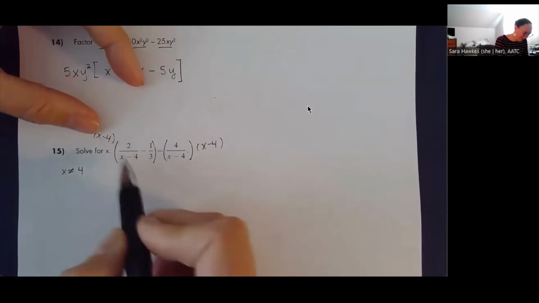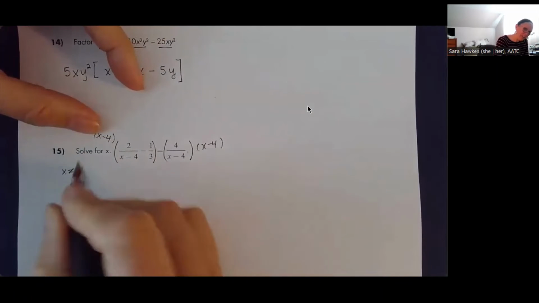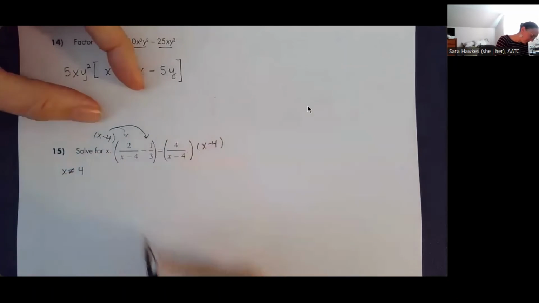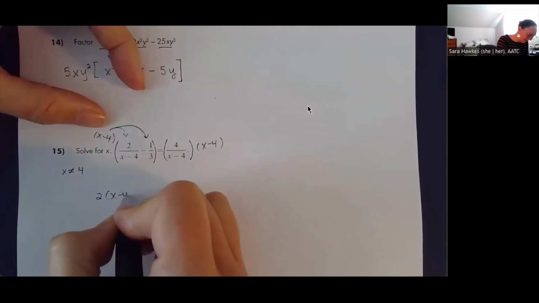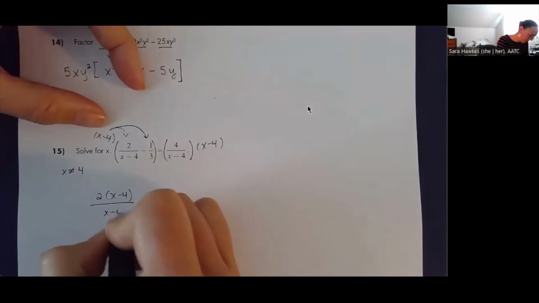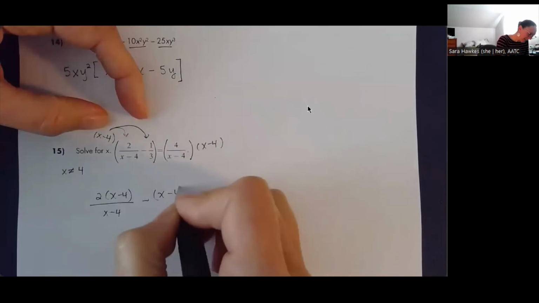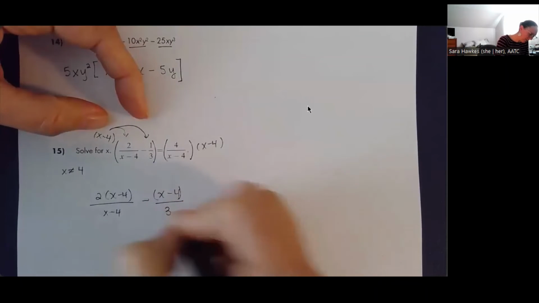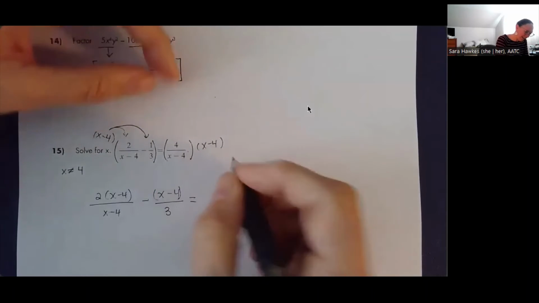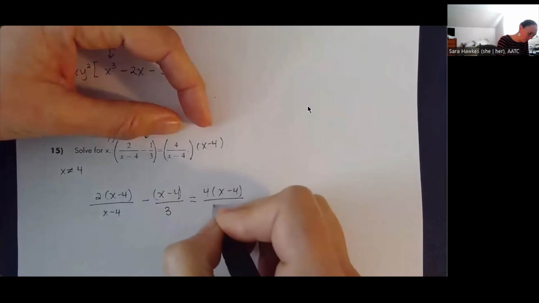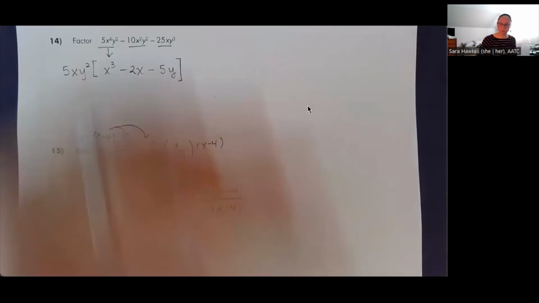On the left-hand side, when I multiply by x minus 4, and distribute that into the 2 pieces. When I distribute it into the first piece, I'd have 2 times x minus 4 over x minus 4. When I distribute it into the second piece, I'd have x minus 4 over 3. On the right-hand side, when I distribute it in, I have 4 times x minus 4 all over x minus 4.